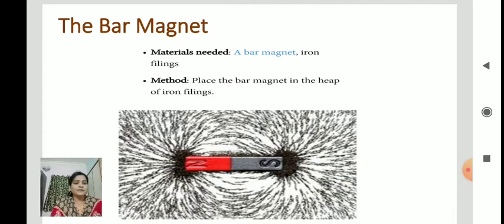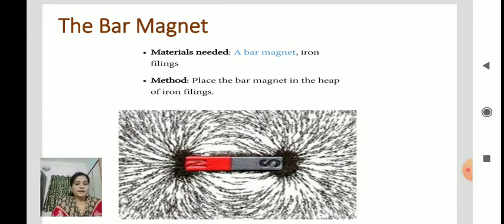One thing I would like to say: the iron filings cling hugely at the poles of the magnet. So here we have to understand the concept of pole strength. Pole strength is the ability of the poles of the magnet to attract magnetic materials.